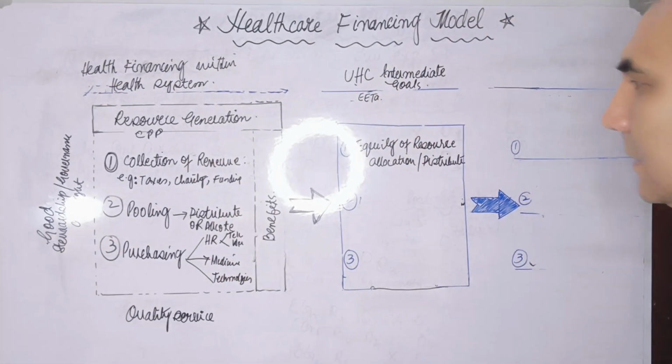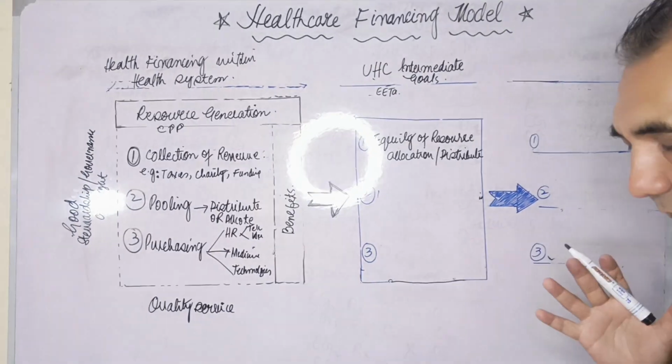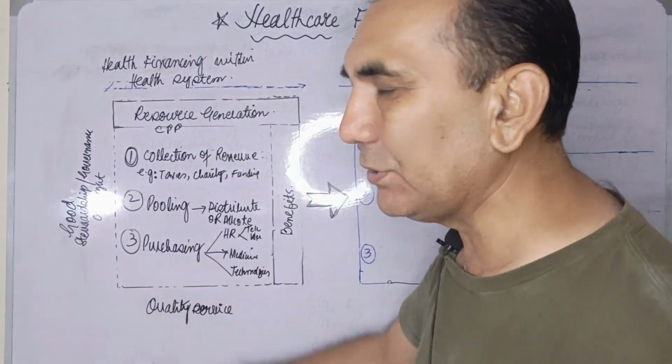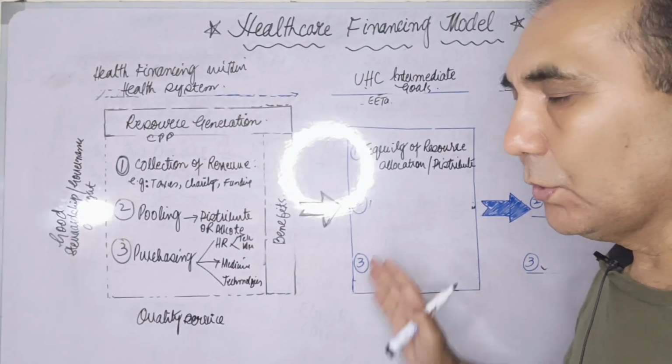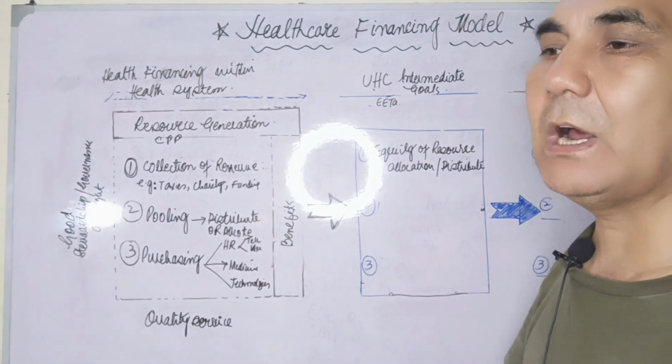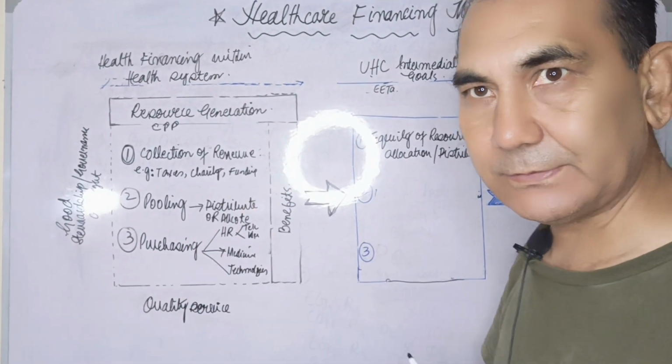It means the resources collected through revenue generation should be allocated or distributed in the community or to the people according to their needs.